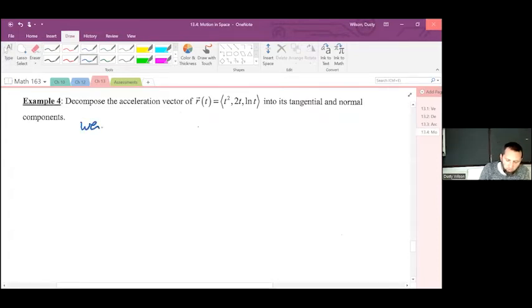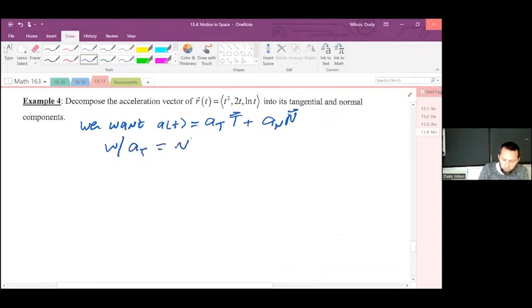So we want to think about a of t as being the tangential component of acceleration times T plus the normal component of acceleration times N, with the tangential component being equal to the speed derivative and the normal component being equal to the curvature times the speed squared.